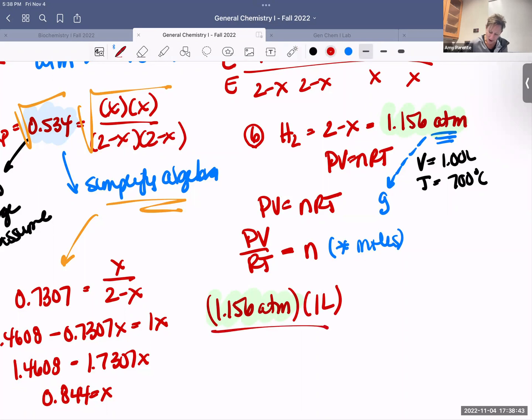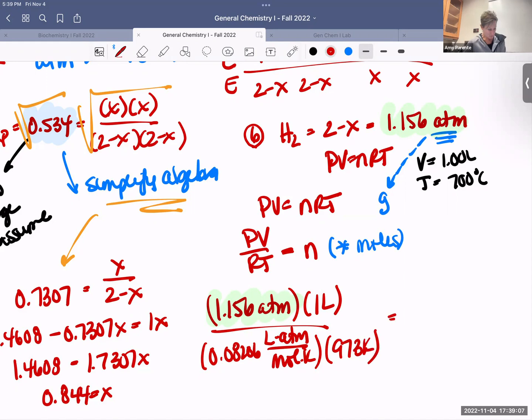Divided by that R is the same R, 0.08206 liter atmosphere per mole Kelvin. And again, that mole Kelvin is why we're going to have units of moles in our answer. Our temperature was 700 degrees C, which once we convert that to Kelvin is 973 Kelvin.